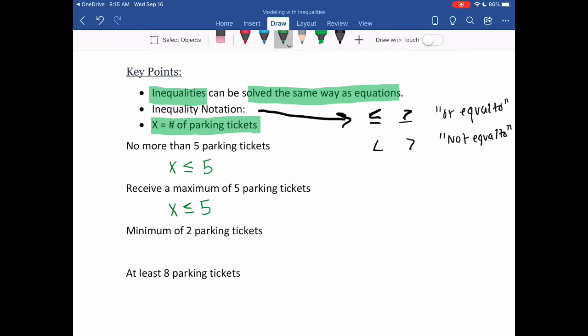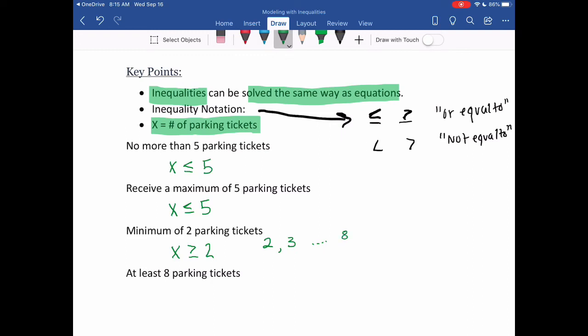Now, Ms. Ford receives a minimum of 2 parking tickets each day. So that would be written as x, the number of parking tickets, is greater than or equal to 2. She receives a minimum of 2 each day. So some days I receive 2 parking tickets, some days I receive 3, maybe some days I receive 8.